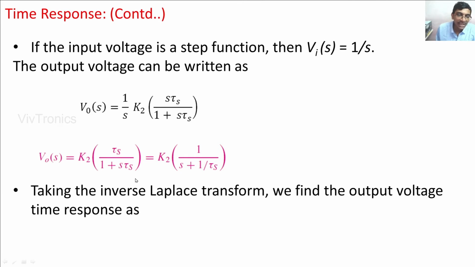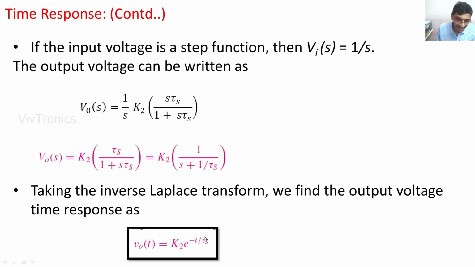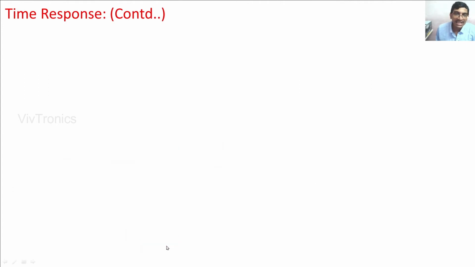Therefore, if I take the inverse Laplace transform of the above equation, we can find the output voltage time response. It is in the form of 1/(s+a), whose inverse is e^(-at). So this is the output voltage equation of this series circuit.